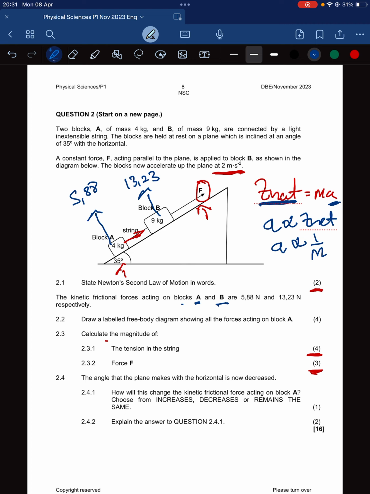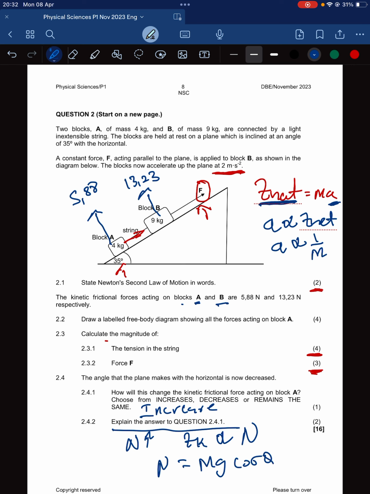So if the normal force increases, I'm going to firstly write that this is going to increase. What is my explanation here? The normal force increases. Normal force is directly proportional to kinetic friction. Okay, but how do you prove then? You can say normal force is equal to mg cos of theta.